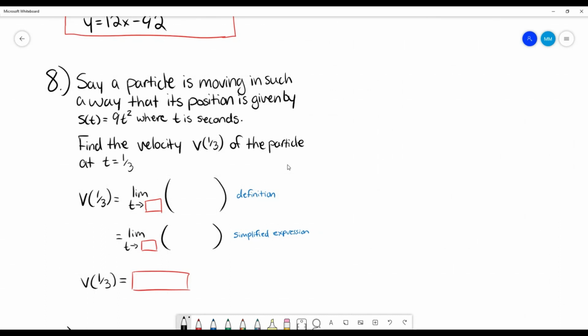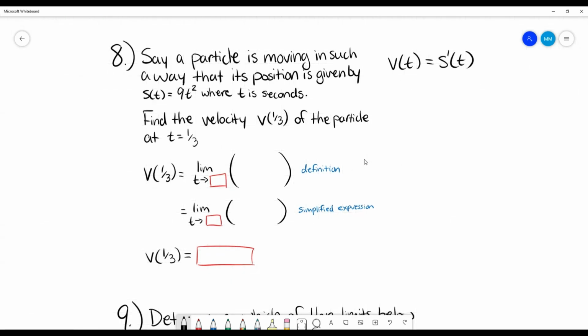So the good thing to know is that the velocity of a function is the same as the derivative of its position. So what we want to find is the derivative of the position as t approaches 1/3.